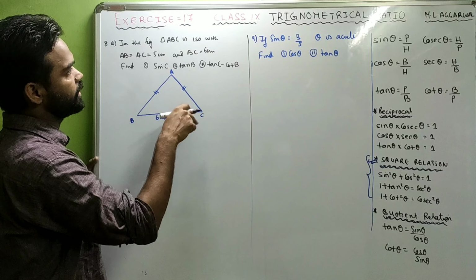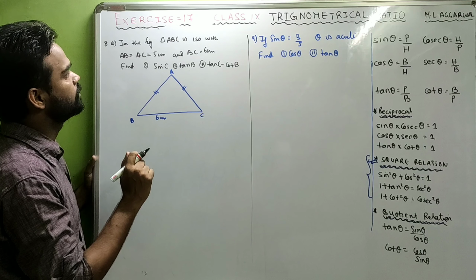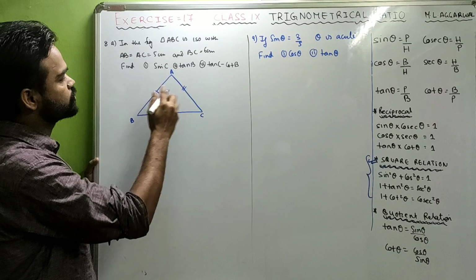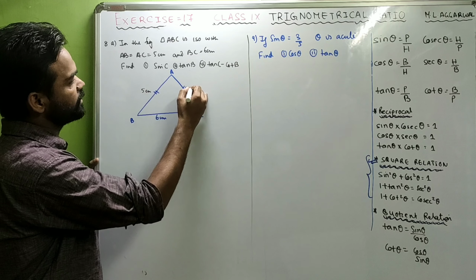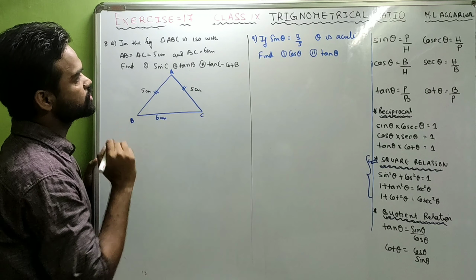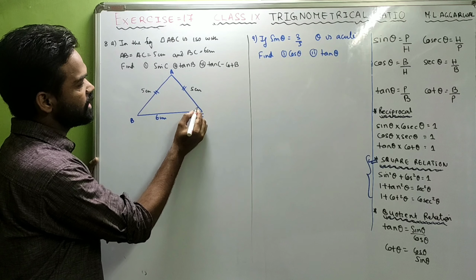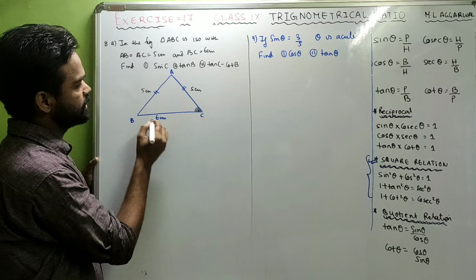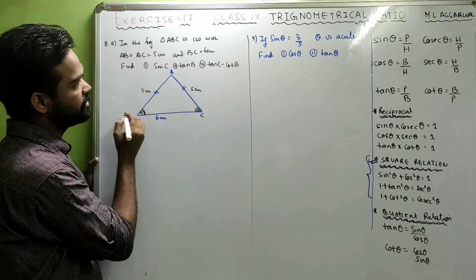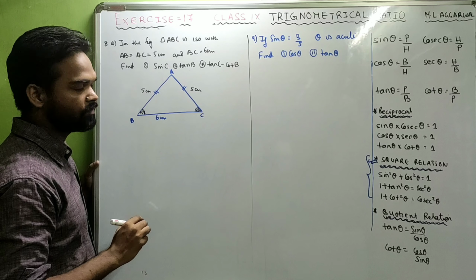In the figure, triangle ABC is an isosceles triangle with AB equals AC, 5 centimeter each, and BC is 6 centimeter. Find sine of angle C, tan of angle B, and tan C minus cot B. Very easy.